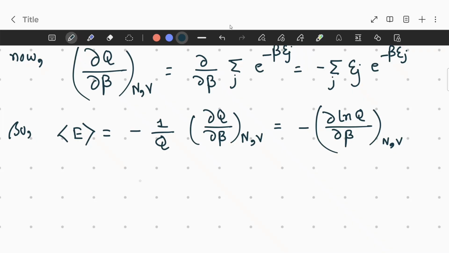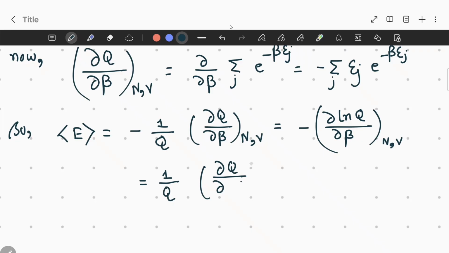Another form is there, just use kT instead of beta. So it will be minus kB T square, and 1 by Q is there.